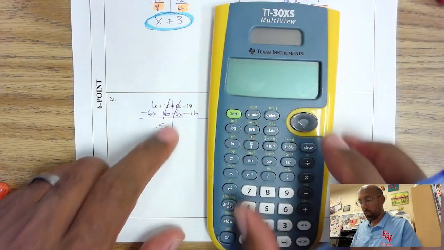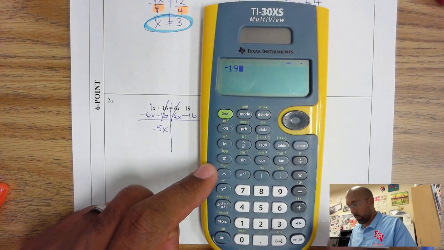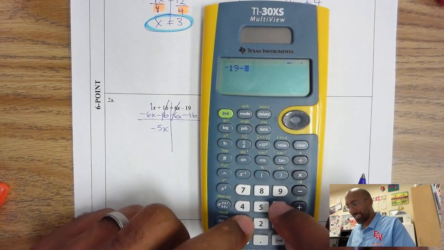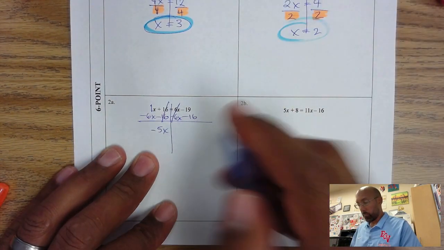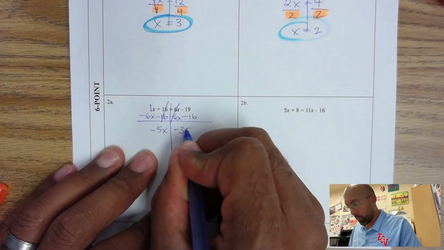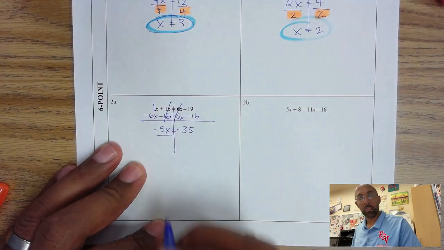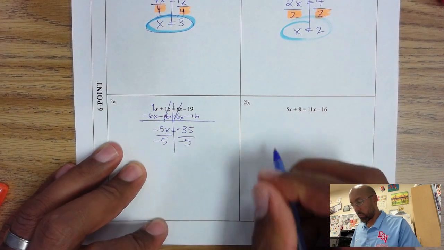Okay, just remember, that's not 3. So if you need to, we're going to use the calculator, and we're going to do negative 19 minus 16. So you're actually adding those together to get a larger negative. Okay, next step, inverse of multiplication is to divide the negative 5 on both sides.